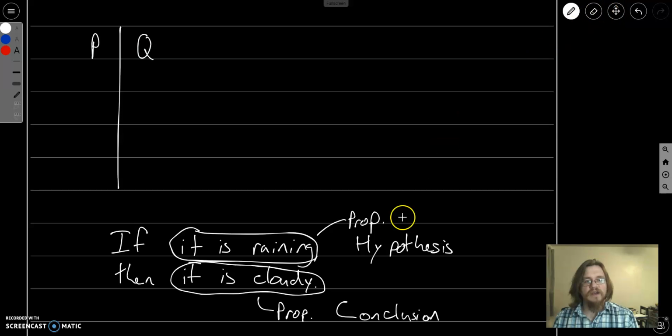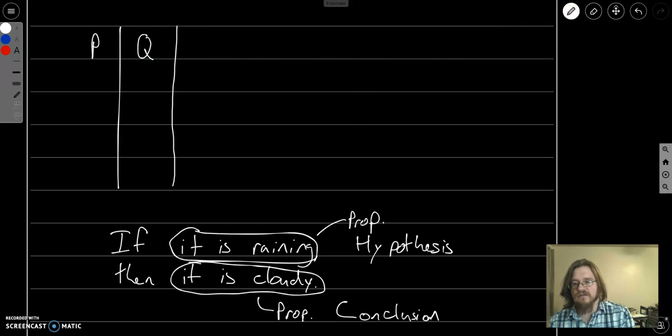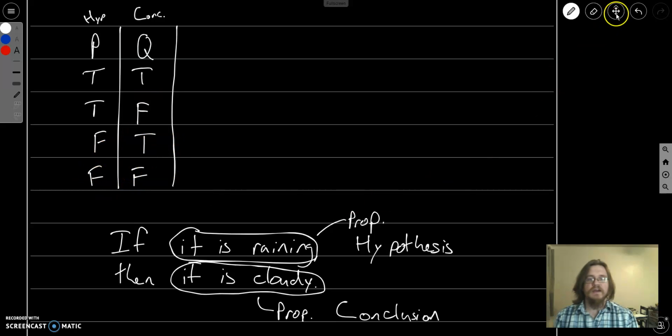So when we want to see if an implication is true or false, we need to see, okay, we have all of our combinations. It could be that the first proposition, the hypothesis, and the conclusion... It could be that the hypothesis is true and the conclusion is false, the hypothesis is false and the conclusion is true, or they could both be false.